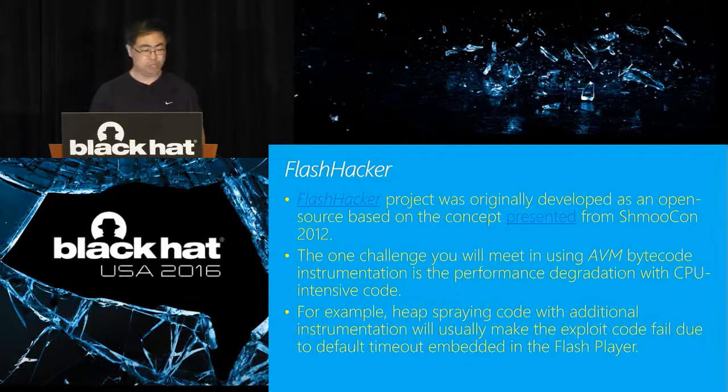The only problem with bytecode level instrumentation is that when the exploit uses heap spraying or CPU intensive or memory intensive code, our instrumentation code will interfere with the exploit itself and make it fail.